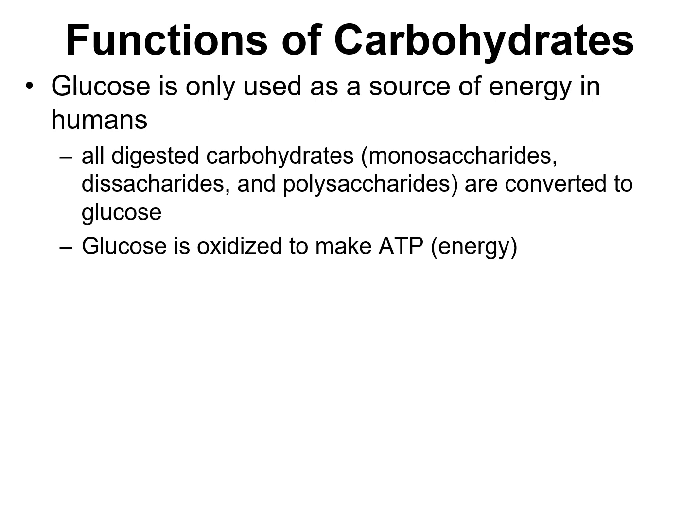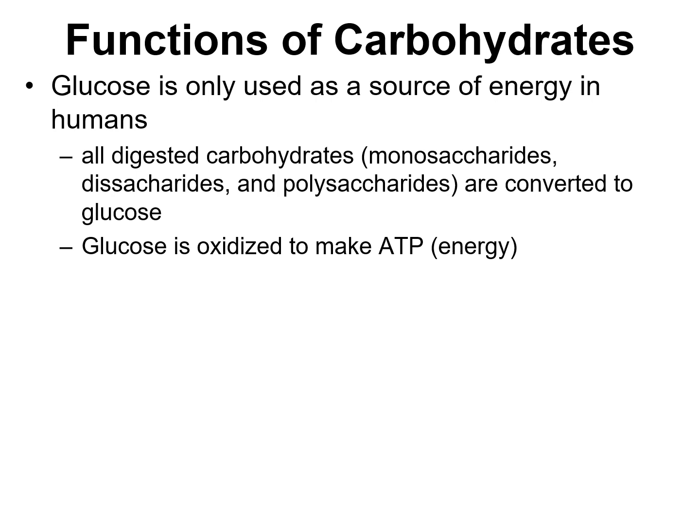So now that you know what carbohydrates are, let's talk about how carbohydrates are used in the human body. As I mentioned, any carbohydrate that is ingested and digested and absorbed into the blood is eventually converted to glucose. Glucose, for the most part, is used as a source of energy.